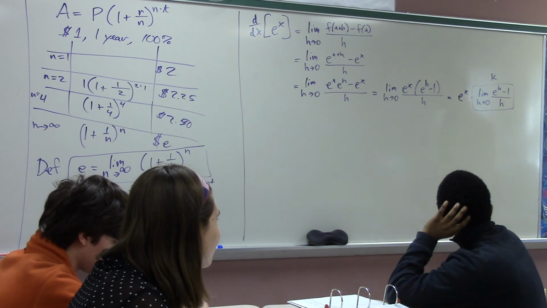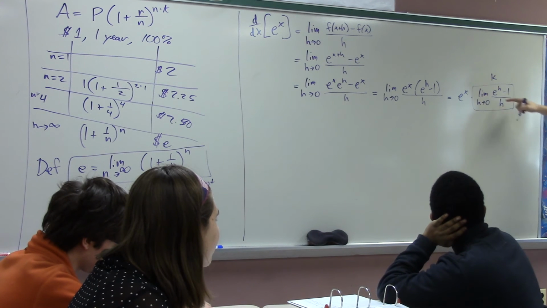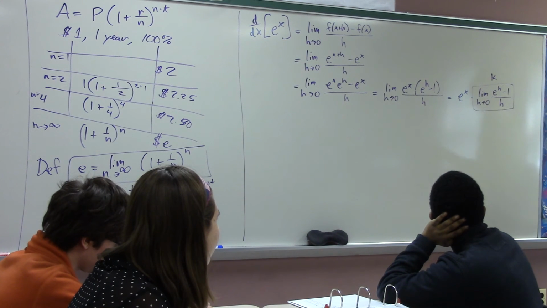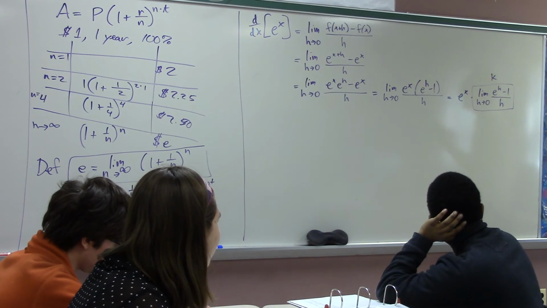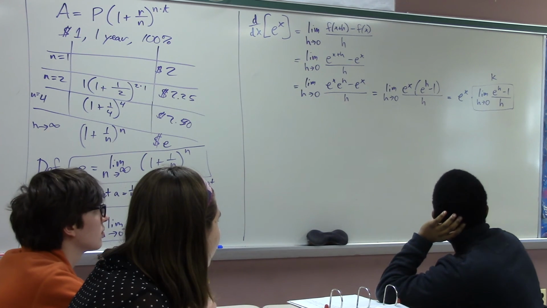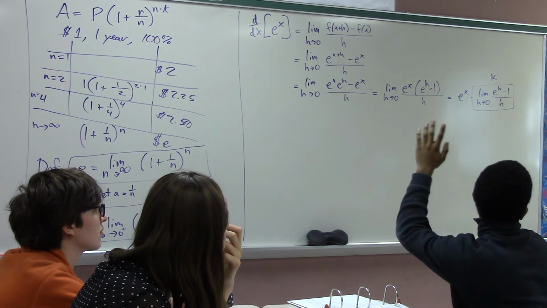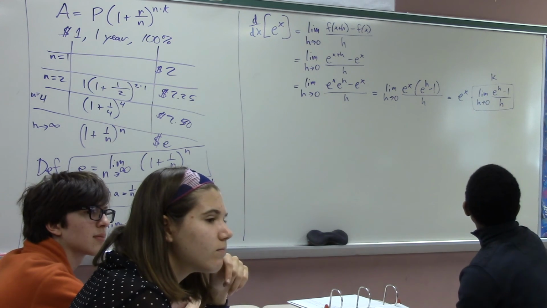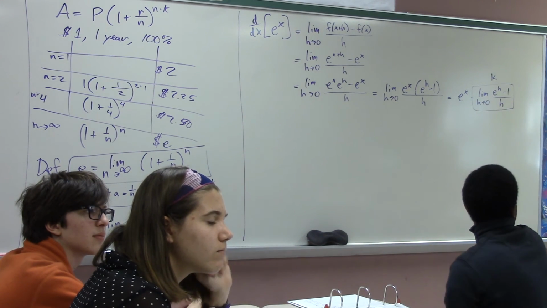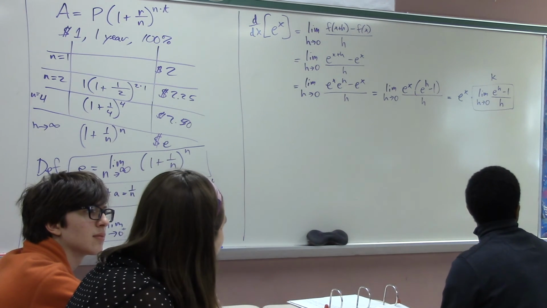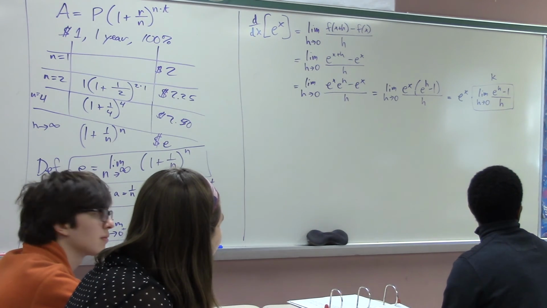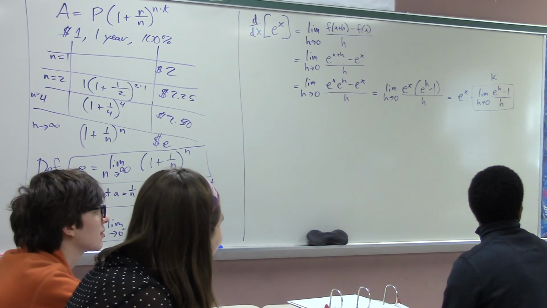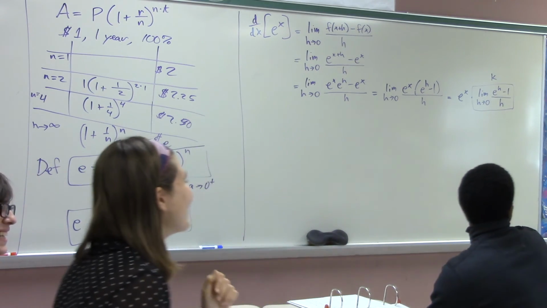All right. If this is just some number k, something brilliant and amazing has already happened, even though I haven't finished the problem yet. What? Yeah, the derivative is like a constant and e to the x. That's the most terrible explanation ever, but yeah, I agree with you.